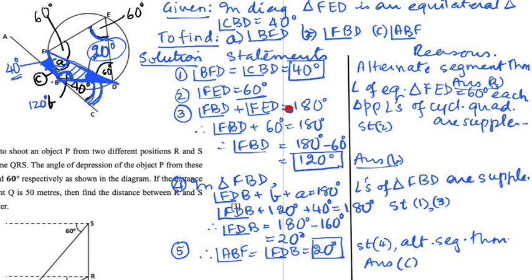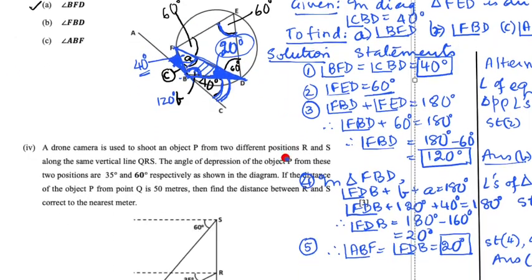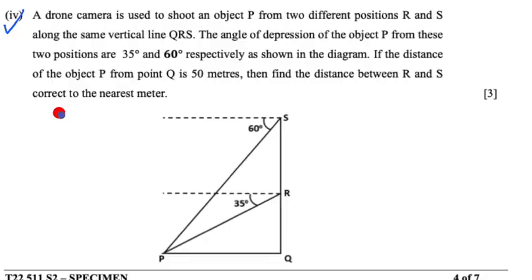And we have finished question number 2, third part. Let us come to question 2, fourth part. A drone camera is used to shoot an object P from two different positions R and S. So from R and from S, we are taking the picture of this object P along the same vertical line QRS. So QRS is a vertical line. The word vertical means that this is 90 degrees.